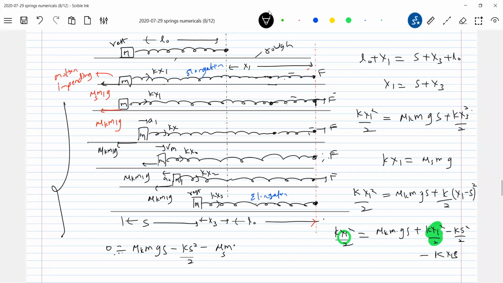So mu k mgs minus k square by 2 mu s mg into s. Solving this, we'll get the expression for mu s equal to mu k plus ks by 2mg.